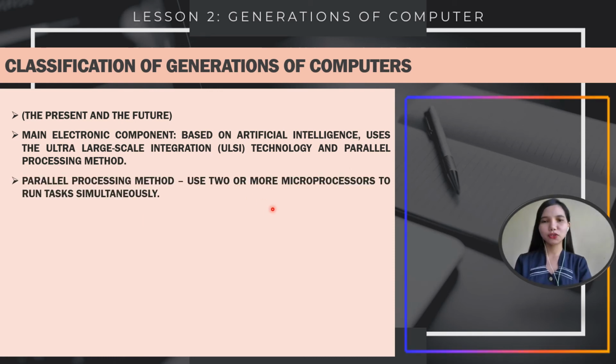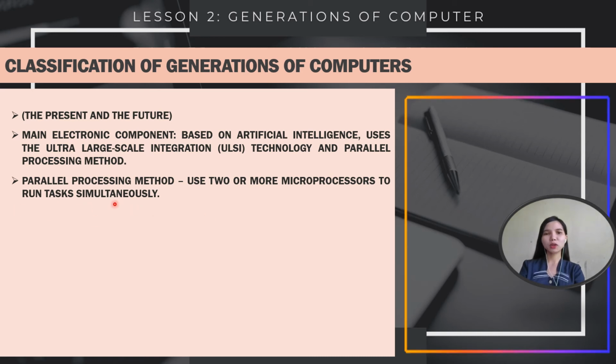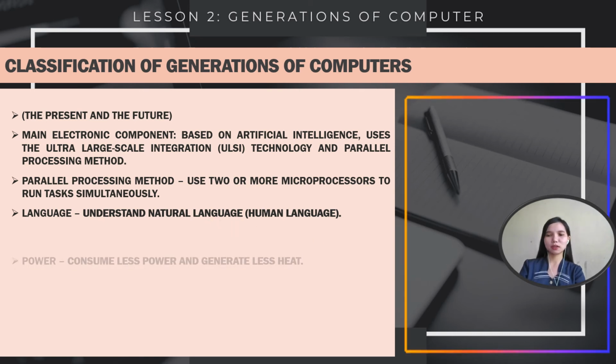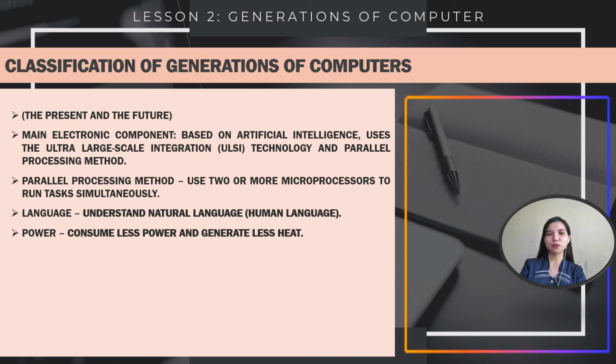It uses two or more microprocessors to run tasks simultaneously. Take note, guys, it can run tasks simultaneously. And the language, guys, is human language already. It's upgraded because it can understand natural language. And its power consumption is less and it generates less heat.